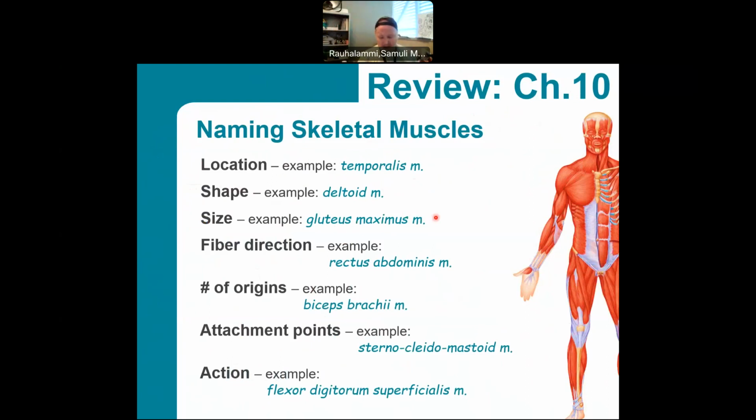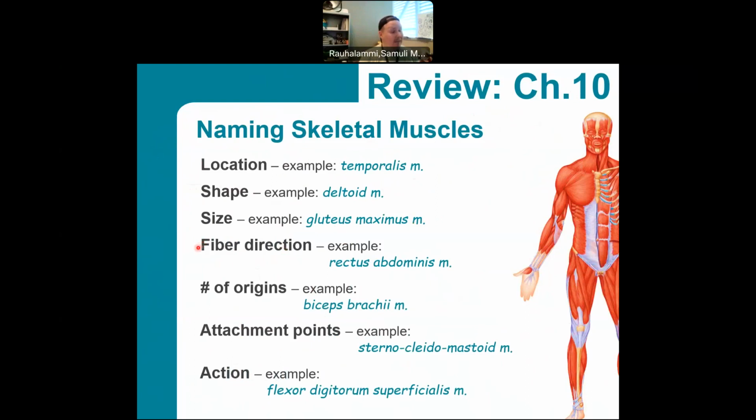A good example would be our gluteus maximus, the largest muscle of the butt. We also have gluteus minimus and gluteus longus, and other muscles that have minimus, longus, and so on. So it really gives us an idea of the size of the muscle, which might be useful for us as well.